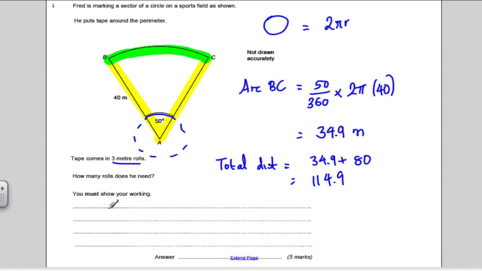How many 3 meter rolls do you need? Well, you need 104.9 divided by 3, which gives us the answer 38.3. You can't have 0.3 of a roll, so you're going to need to buy yourself in the shop 39 rolls.